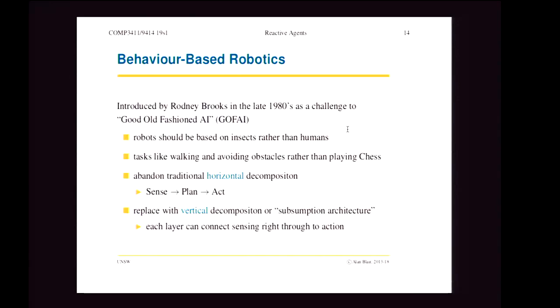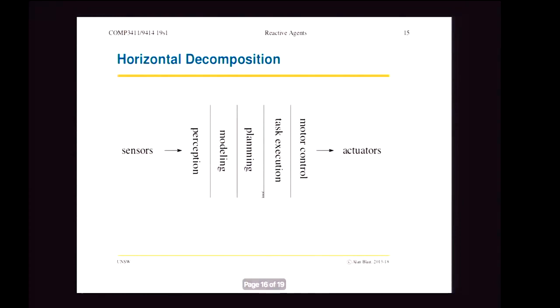But then he developed this a bit further. Before Brooks, robotic systems typically followed what's called a horizontal decomposition.